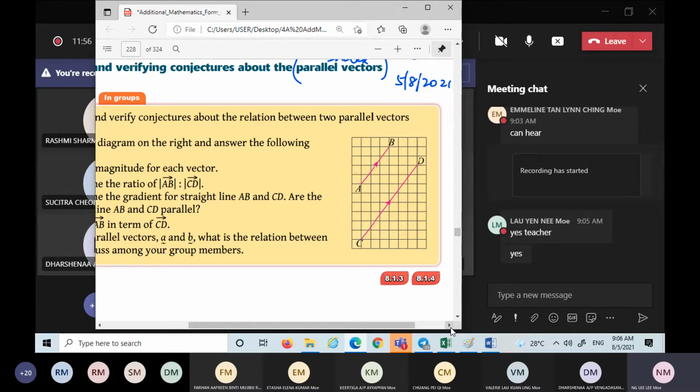10. This is who? Zihan. Zihan, okay, so you say the magnitude of CD is 10.